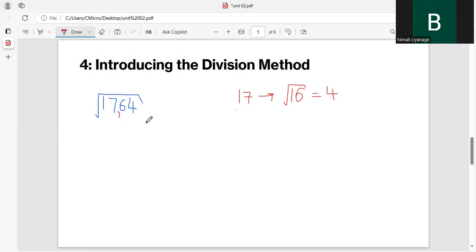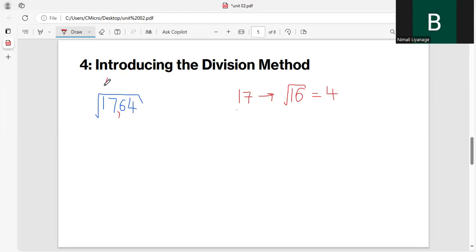Pairing, starting from the decimal point if there is any. So we get two groups, 17 and 64. First we consider 17 and we find the largest square less than or equal to the first group. For 17, it is 16. So the square root of 16 is 4.